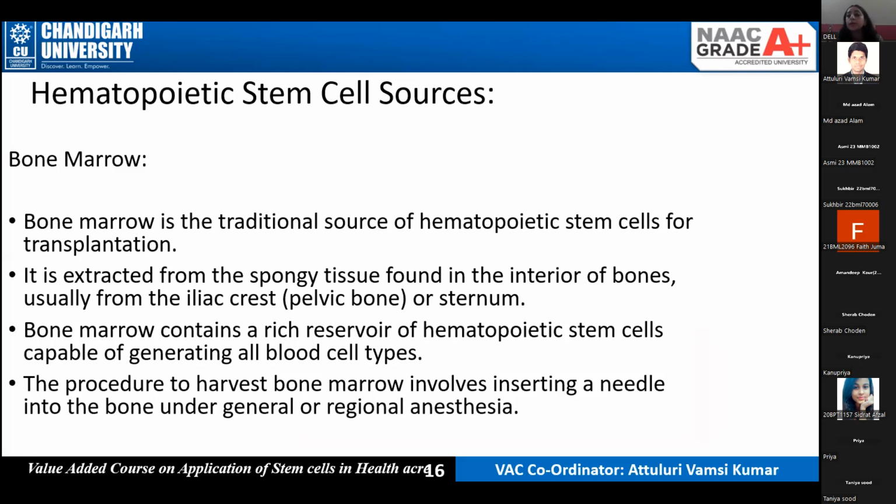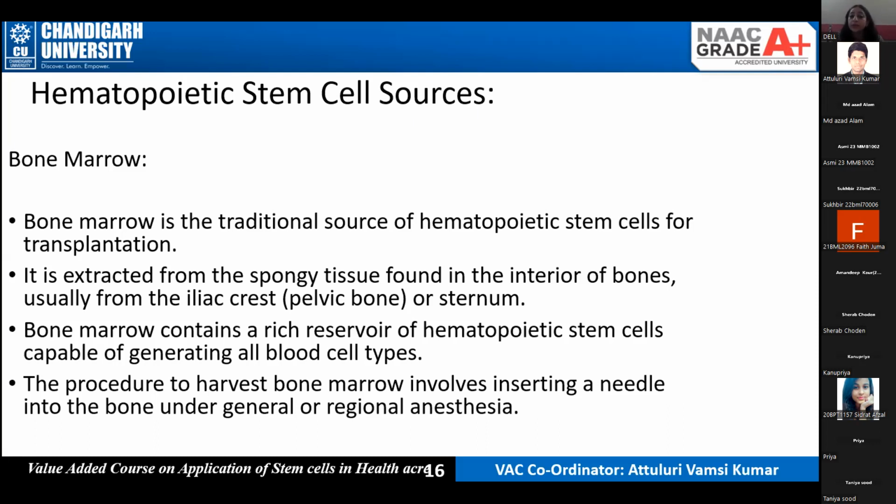First, we give general or regional anesthesia to the patient. We check whether the patient is allergic, prepare a PBF, and check the blood cell count of the donor.